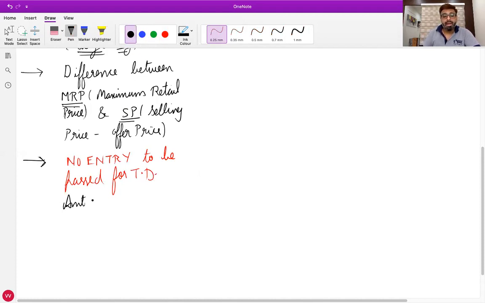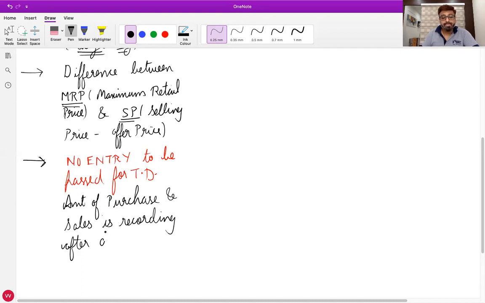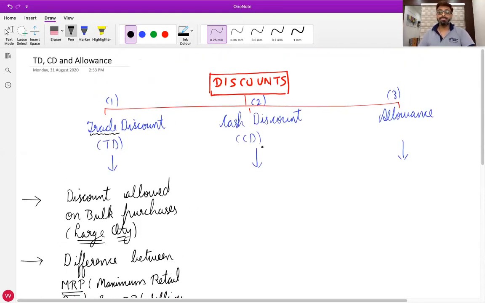Amount of purchase and sales is recorded directly after deducting trade discount. Did you all understand this concept regarding trade discount? Any doubts in this? No. All the points are clear?